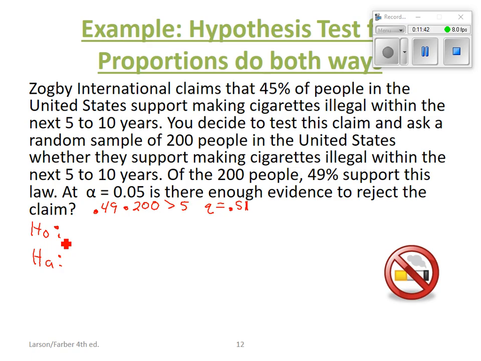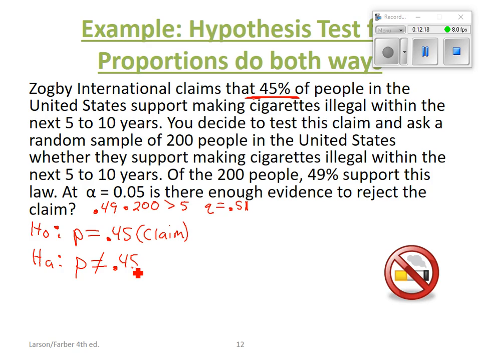So with this, it's saying exactly 45%, so that means that our p is equal to 0.45. That's our claim, and it goes in our HO, our null hypothesis. Then our HA is going to be p not equal to 45%. So that's our HO and our HA.